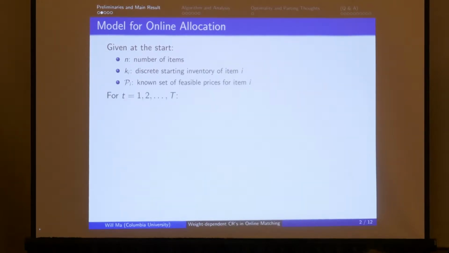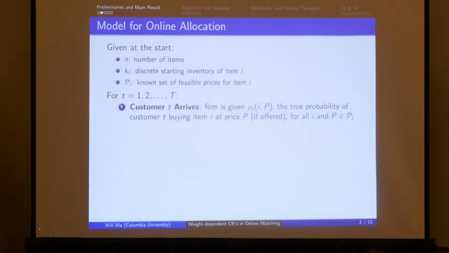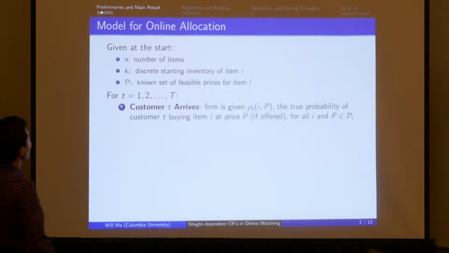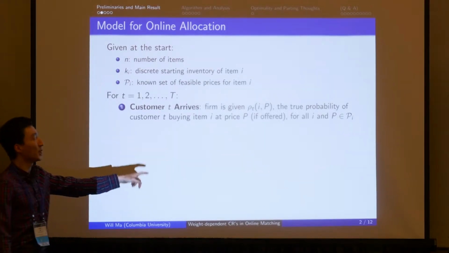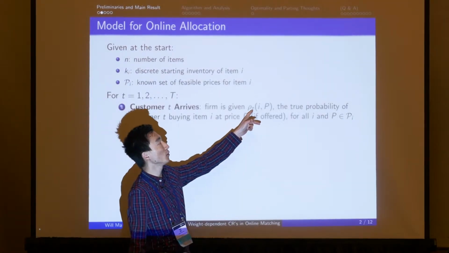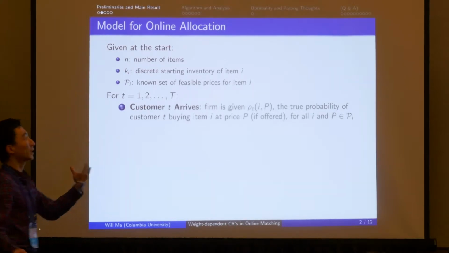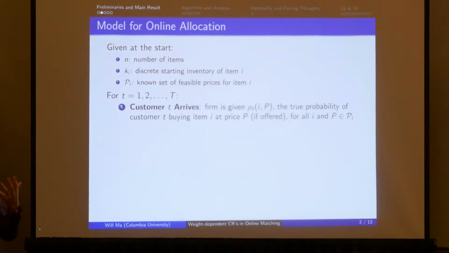Now, over the time horizon, my customers t arrive, and the dynamics are as follows. When a customer t arrives, I'm given for every item i and every price p the probability, rho_t,i(p), of the customer buying that item at that price if offered.